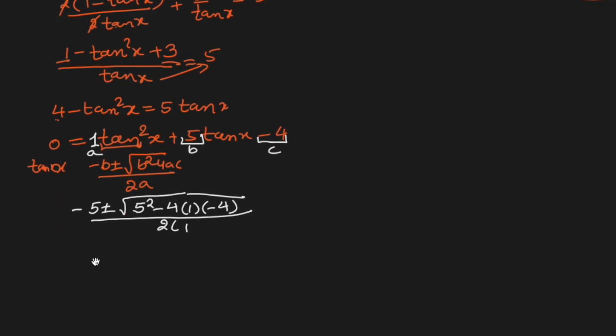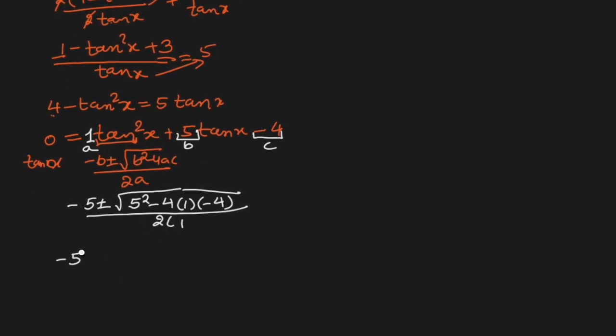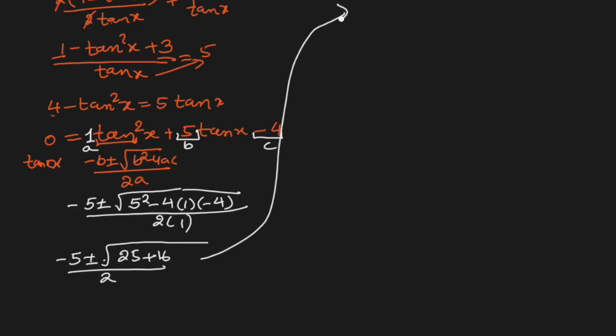So what do we get? Minus 5 plus minus square root 25 plus 16 over 2. Yeah, so let's complete it here now. What do we get here? Minus 5 plus minus square root 41 over 2.